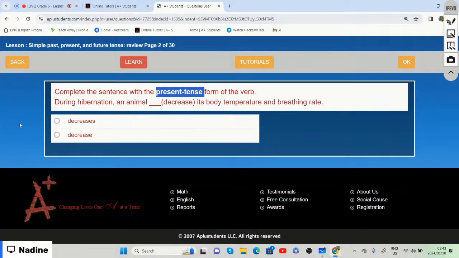It's one animal, so do we say decreases or decrease? And this is in the present tense.